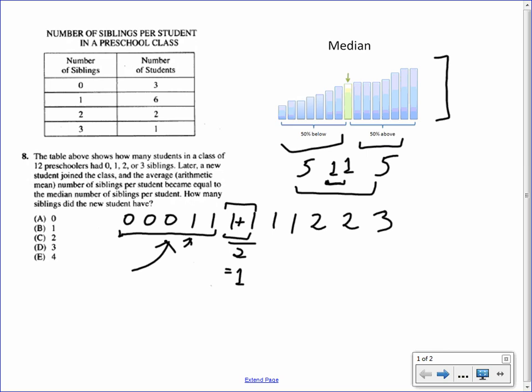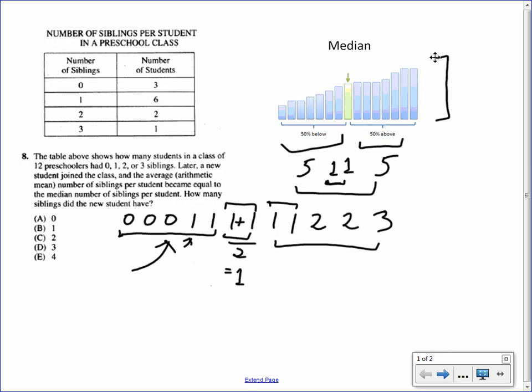Then you have 5 students to the right of the median, meaning they're greater than the median. And once again, you do indicate the ones repeating, since there are 6 total students who each have 1 sibling.